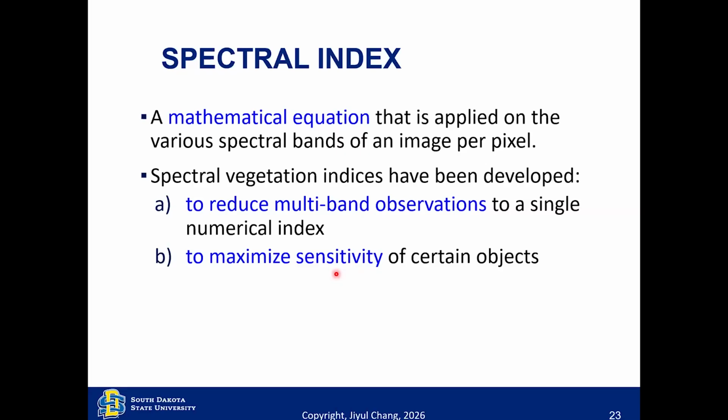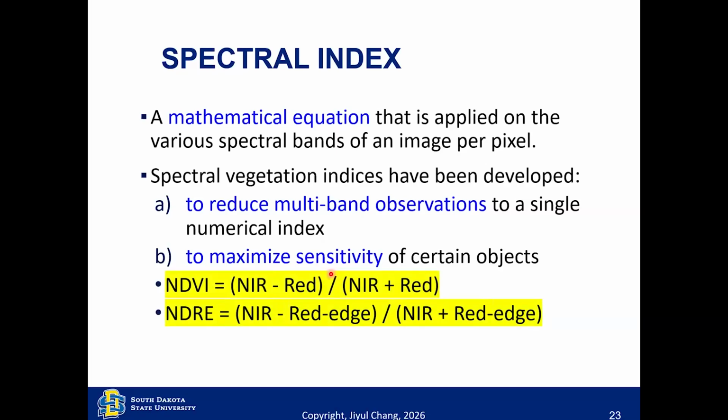The equation of NDVI is NIR minus red over NIR plus red. The equation of NDRE is NIR minus red edge over NIR plus red edge. These are very similar. We use NIR for both indices, we just switch the red to the red edge.